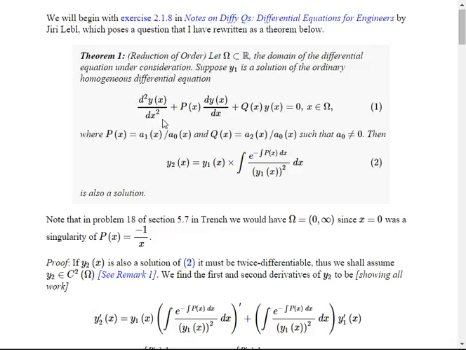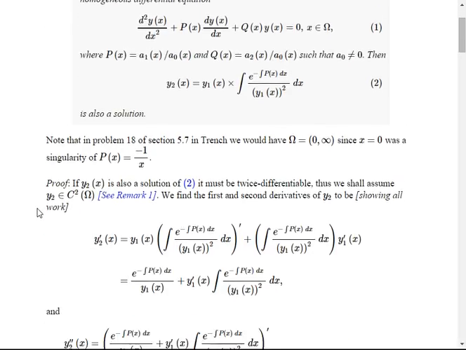If it were 0, then the second order term would disappear and it would become a first order differential equation, but we want to evaluate the second order differential equation. And further, by putting the equation in standard form as it's written here, we're dividing by a naught. So if a naught is equal to 0 at any point on the real line, then we simply exclude those points. They are singular.